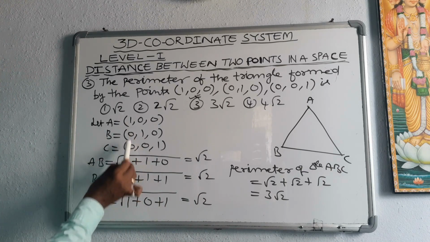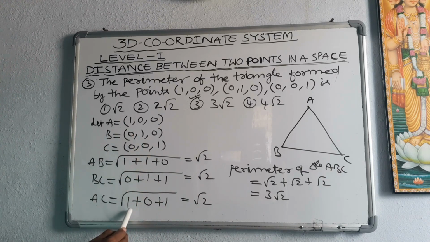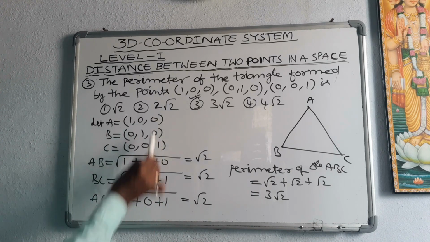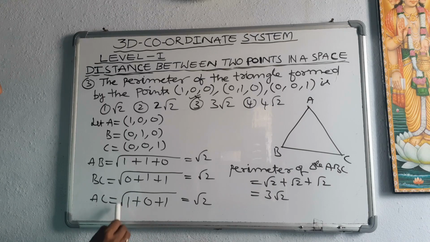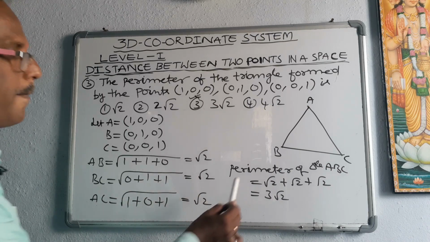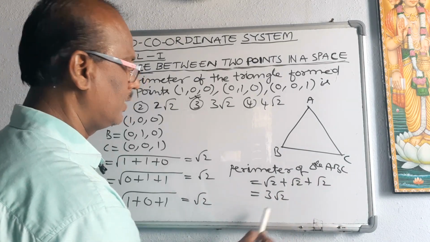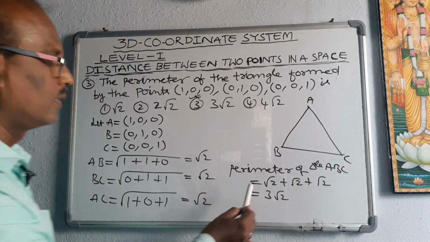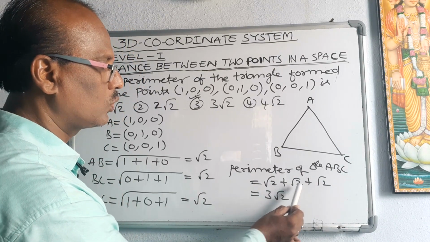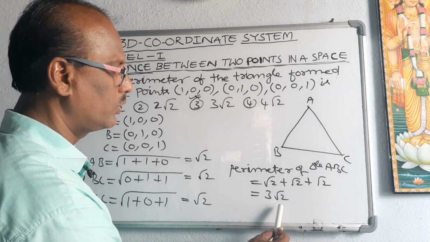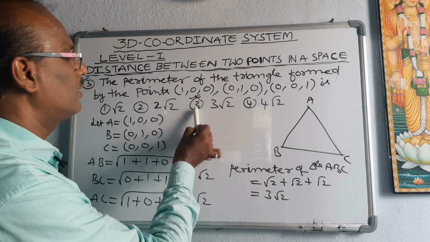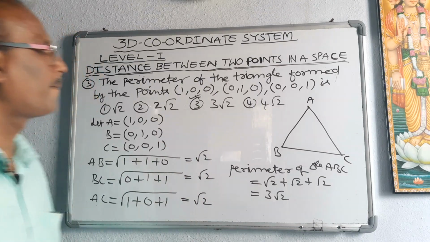AC distance: (1 minus 0) whole square 1, (0 minus 0) whole square 0 plus (0 minus 1) whole square 1, square root of 1 plus 0 plus 1, that equals root 2. Perimeter of triangle ABC, sum of the sides, equals root 2 plus root 2 plus root 2, that equals 3 root 2 is the answer. It is the third option.